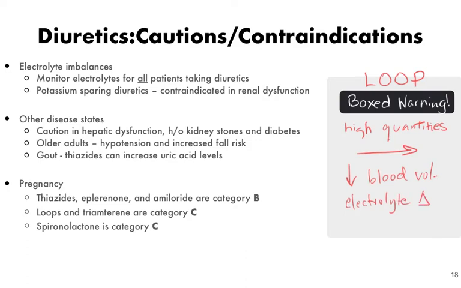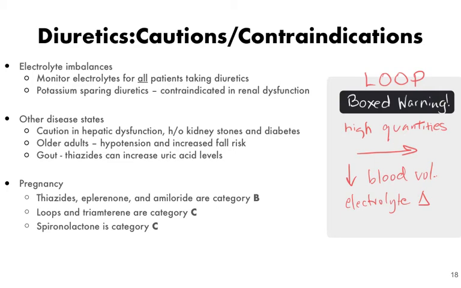So we would hope that patients are taking them as we direct them to, but if a patient is taking more than the dose that is prescribed, or if we are overdoing it with the dose that we're giving them, then we put the patient at risk for electrolyte imbalances. That, of course, could have far-reaching consequences for the patient's cardiovascular system as well as their renal system.